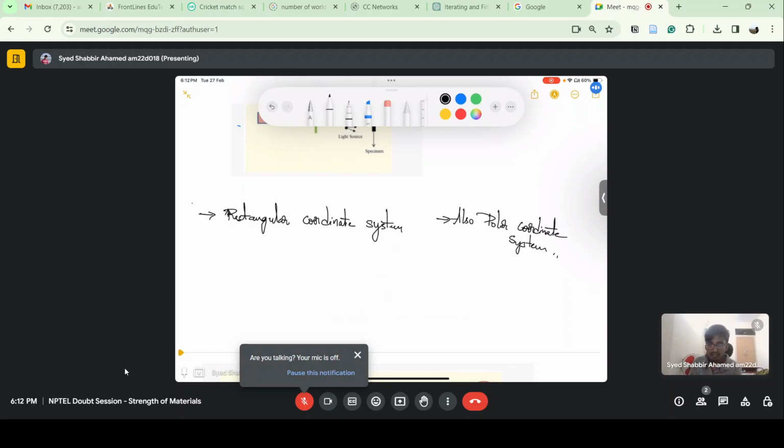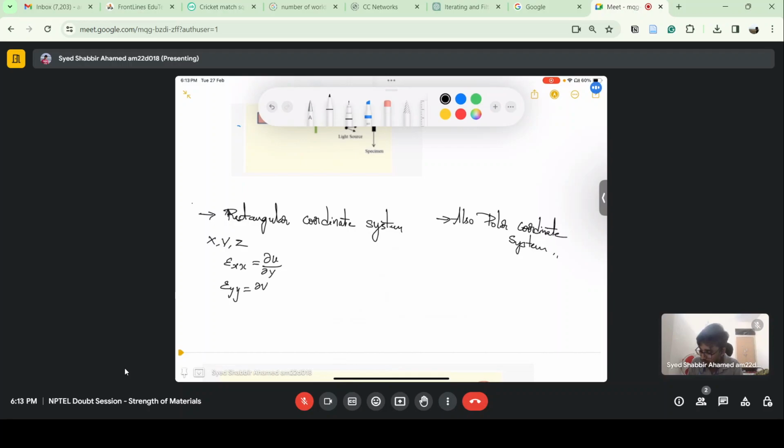In a rectangular coordinate system, we have three axes, or three directions: x, y, and z, the independent axes. And the strain, as we all know, we take as dou u by dou x, dou v by dou y, and dou w by dou z.